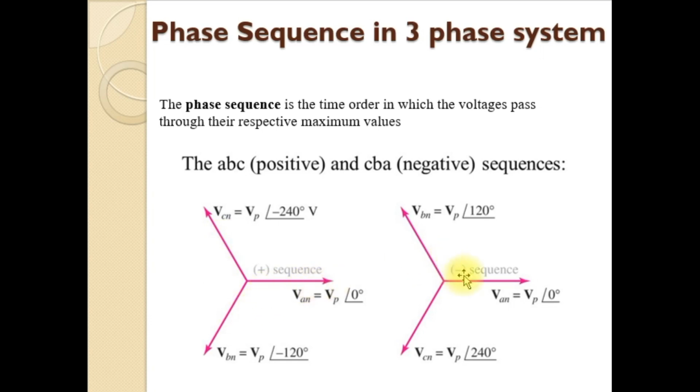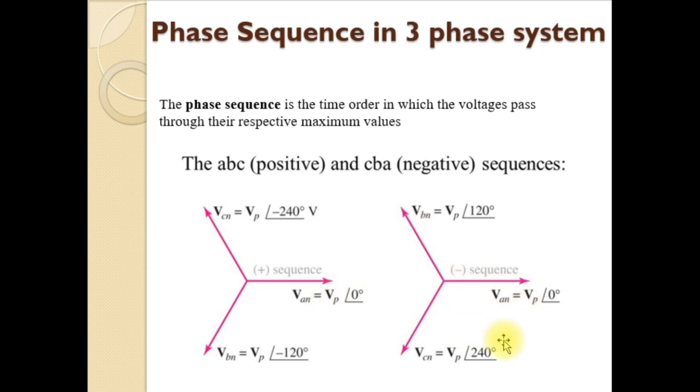But if the direction of rotation is changed, say if it is rotated in the negative sequence, you can see that after A, C will be coming, and after C, B will be coming. That we have already seen.